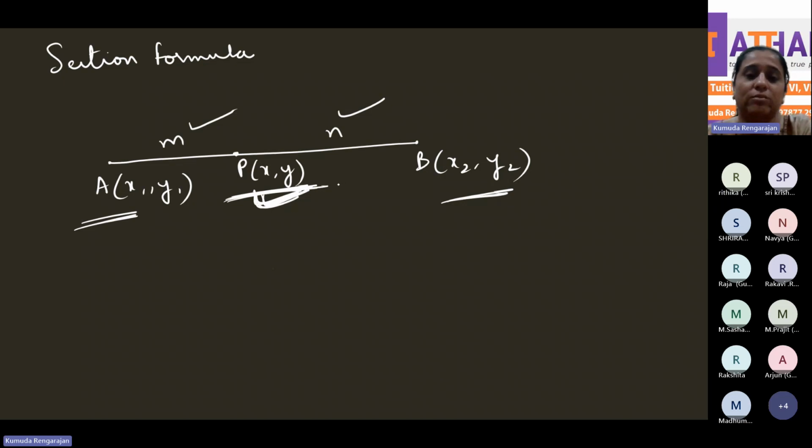We can also use it to find the ratio in which P divides the line segment AB, and to find the coordinates of A and B, if they're not known.